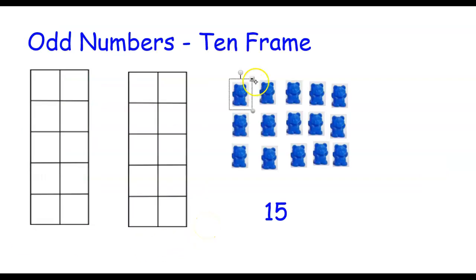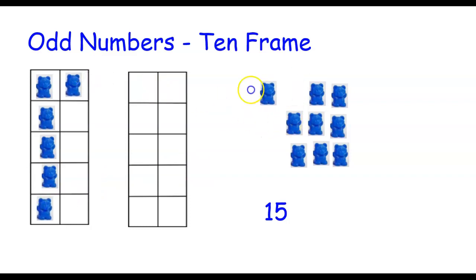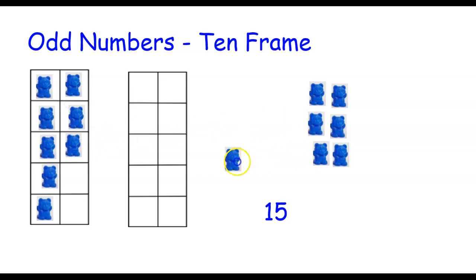Let's look at these bears. Let's fill our 10 frame and see, does every bear have a partner? If they do, it's an even number. If they don't, it's an odd number. So that 10 frame is full.